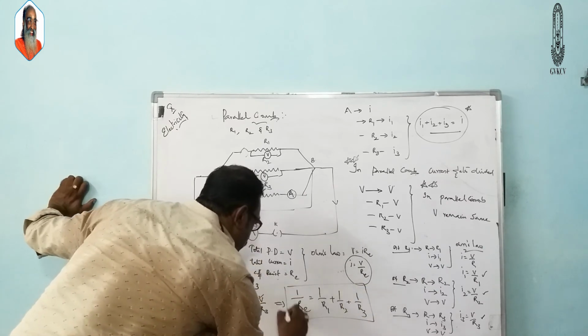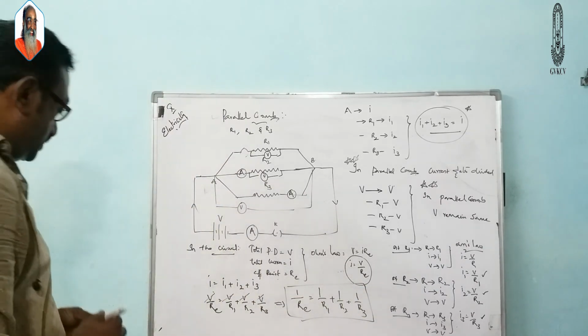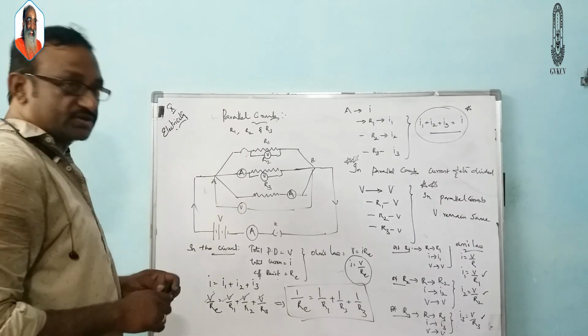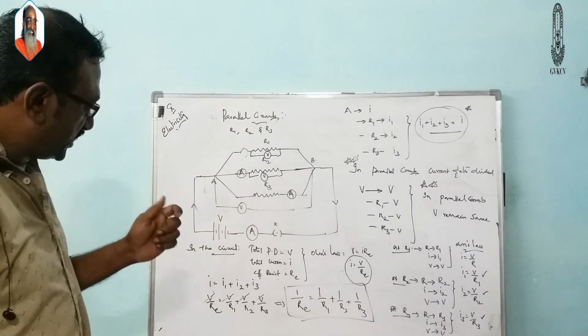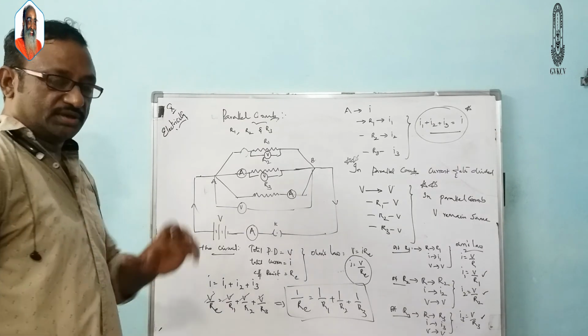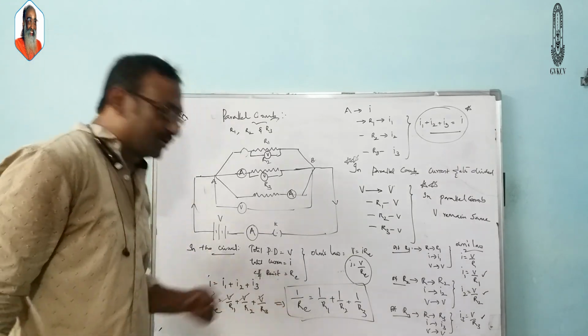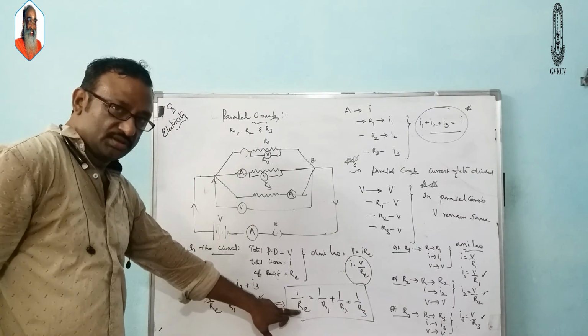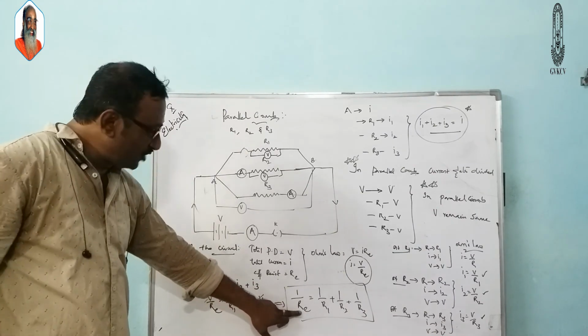This is what we have extracted from this explanation, and we will take this as the expression for resistances connected in parallel combination. To put it in the form of a sentence, this is not the effective resistance, this is the reciprocal of effective resistance.